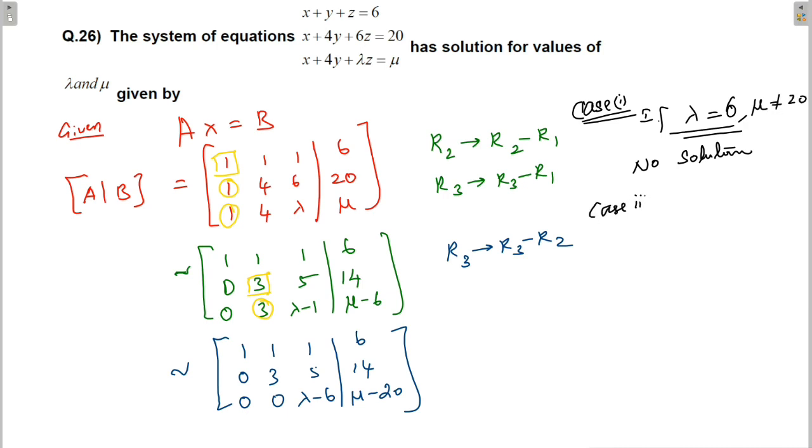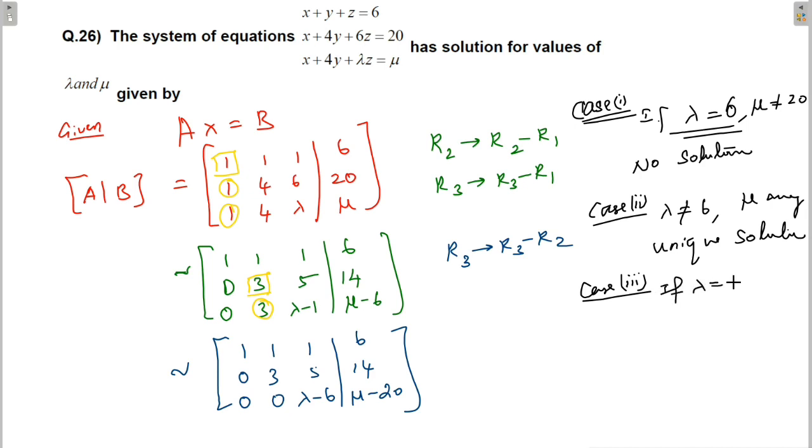Case 2, lambda not equal to 6, for any mu, you get a unique solution. Case 3, if lambda equal to 6, mu equal to 20, then the system has infinite solutions.